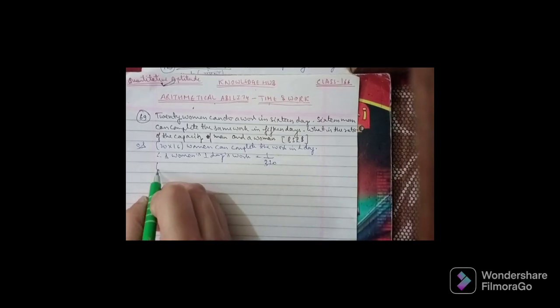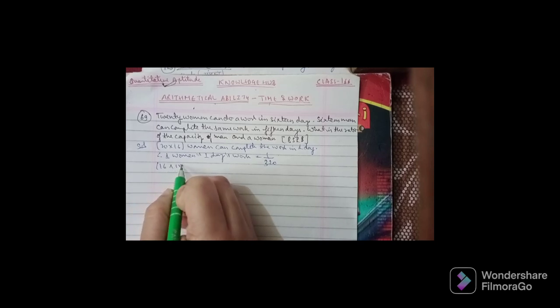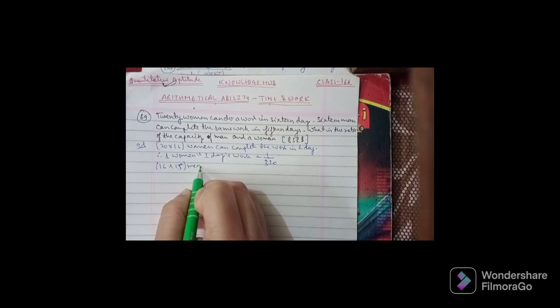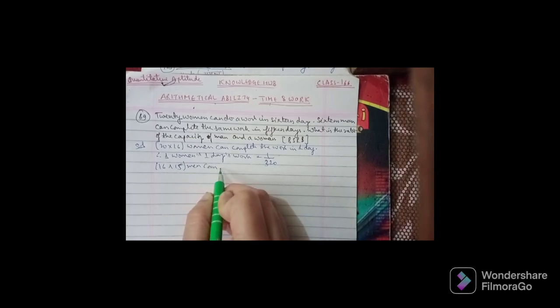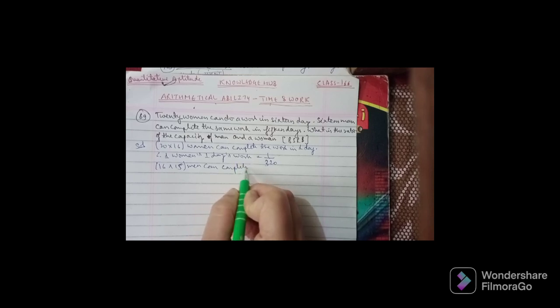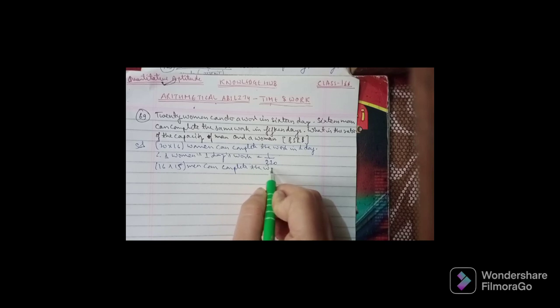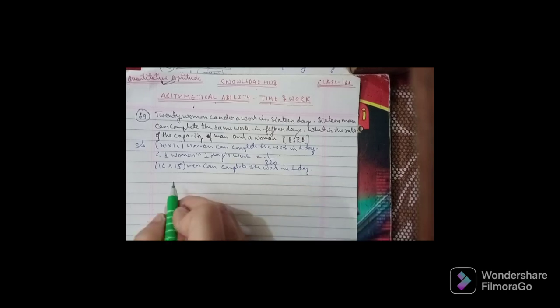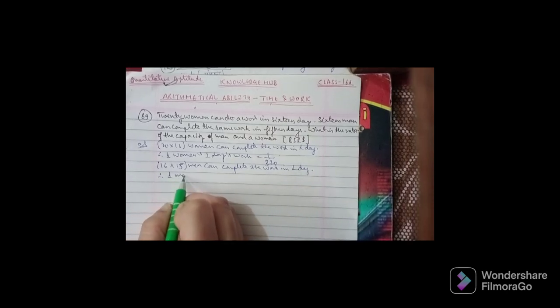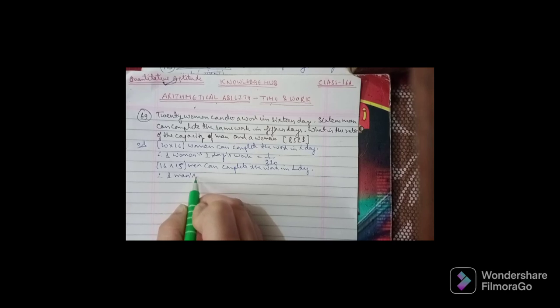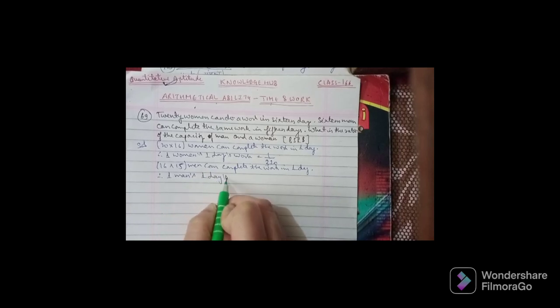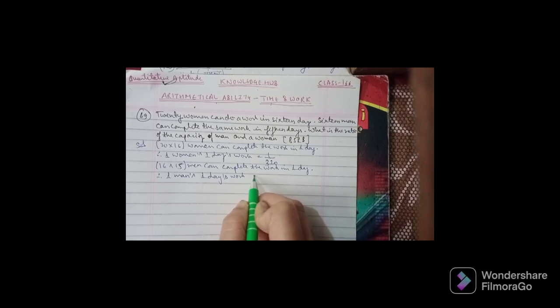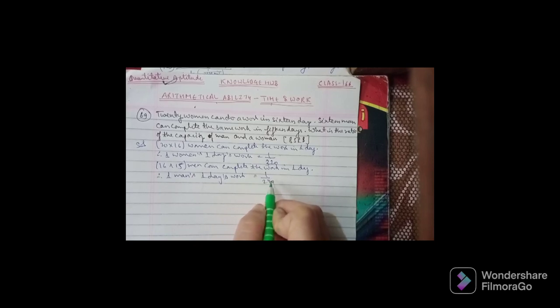So 16 into 15 men can complete the work in 1 day. One man's 1 day's work equals 1 upon 240.